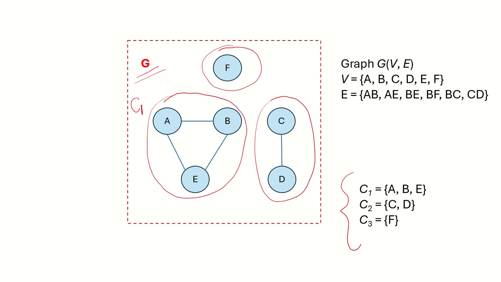The nodes in this connected component are connected to each other but not connected to any other vertex outside of this. Similarly, C and D of C2 are connected to each other but not connected to any other node. Similarly for C3, F is an isolated node not connected with other nodes of the graph.